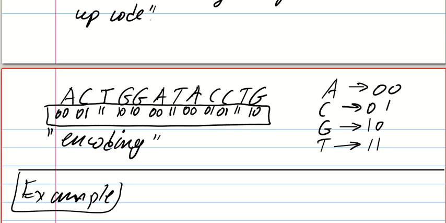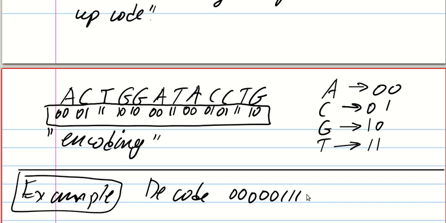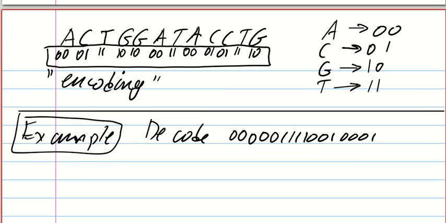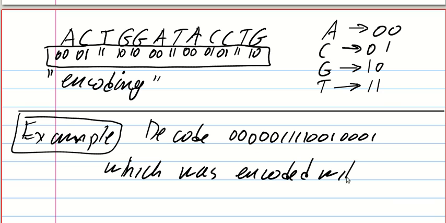Next example, the assignment says decode 0, 0, 0, 0, 0, 1, 1, 1, 1, 0, 0, 1, 0, 0, 0, 1, which was encoded with our made-up code.